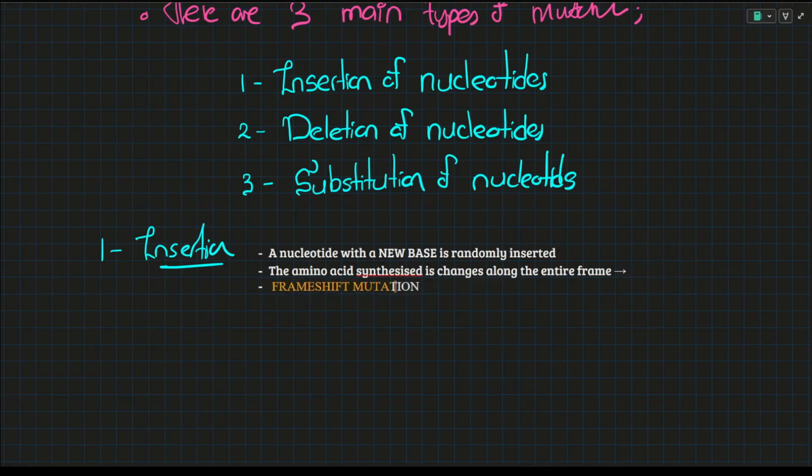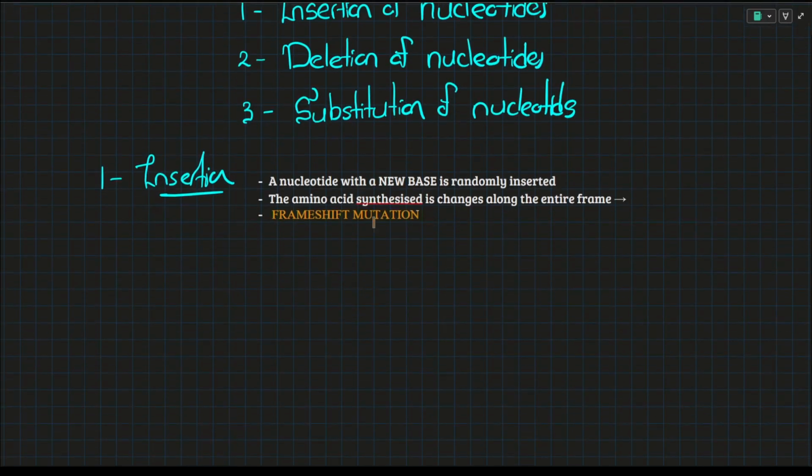Let's first understand what we mean by a frame shift mutation. This is what happens in the insertion mutation. Okay, I have a base chain.